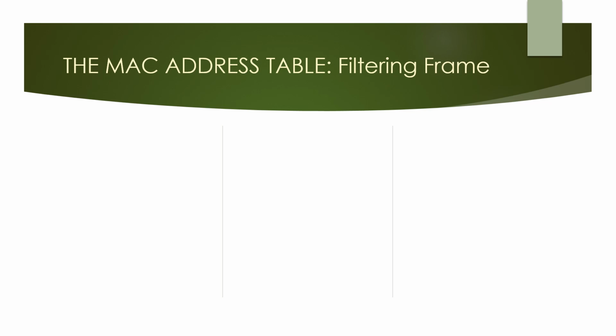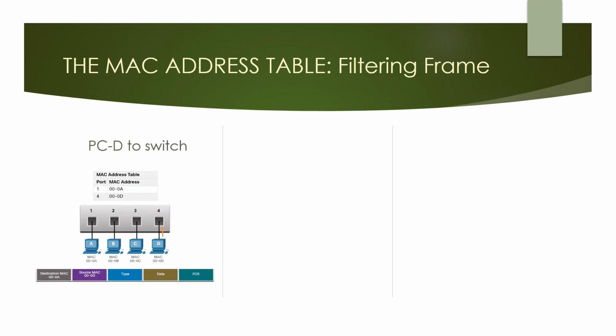Referring to that, let's see how the switch will filter the frame. First, we have PCD replying back to PCA. The switch sees the MAC address of PCD in the incoming frame on port 4.